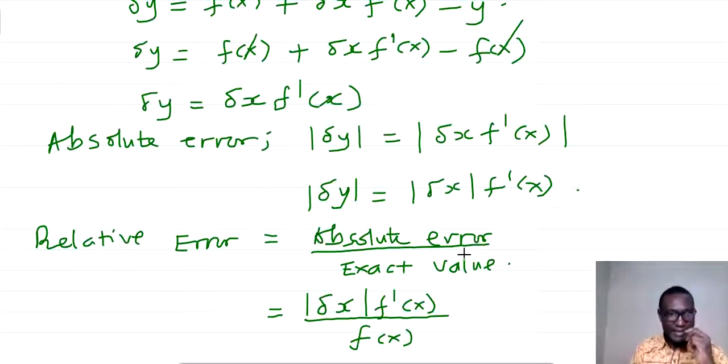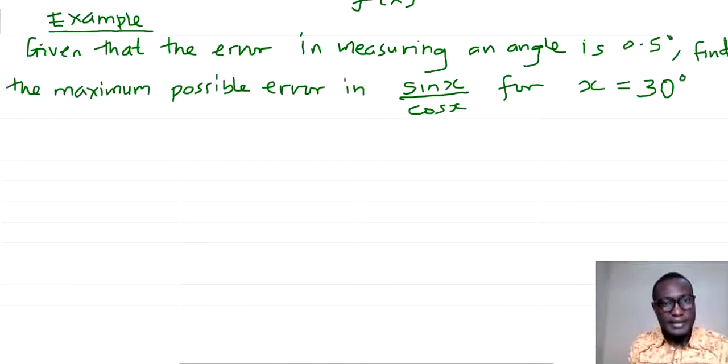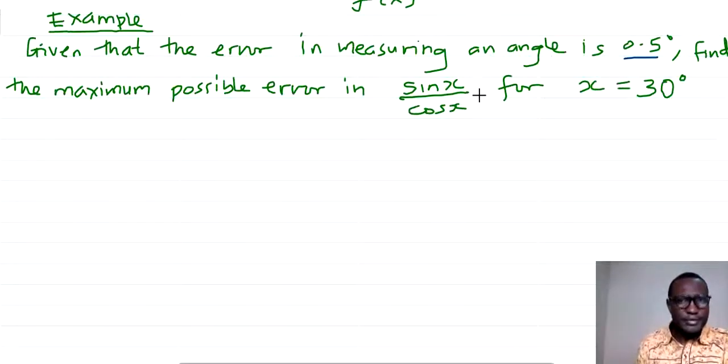Let's have an example. Given that the error in measuring an angle is 0.5, find the maximum possible error in sin x divided by cos x for x equal to 30 degrees. First of all, you realize that this function is a fraction, so we have to think of how to handle errors in division.